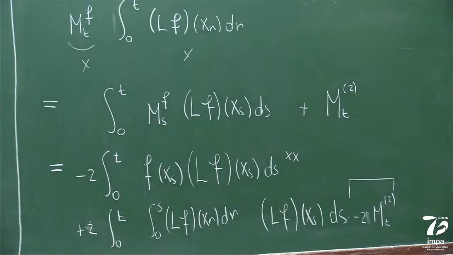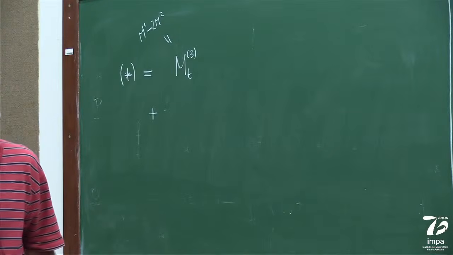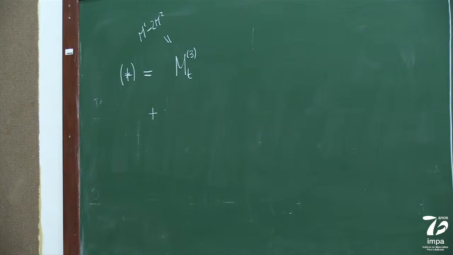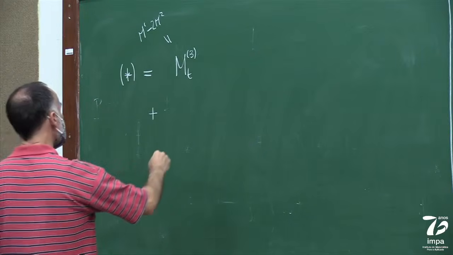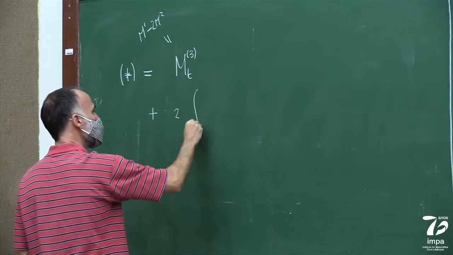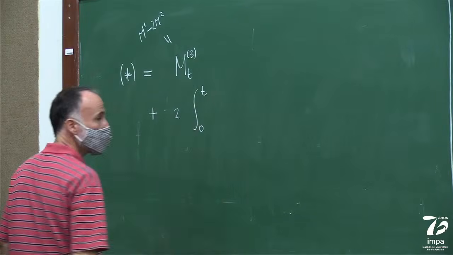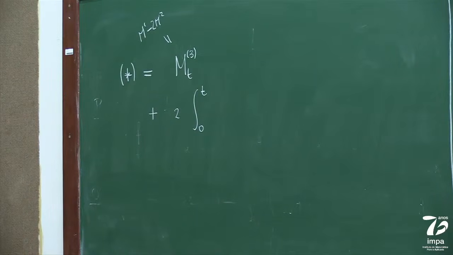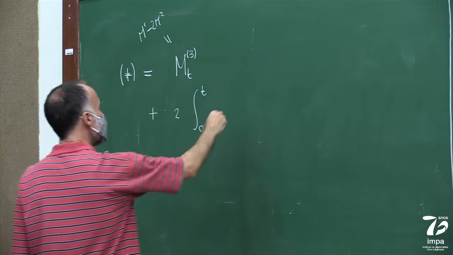So let's write: this is equal to a martingale plus 2 times the integral from 0 to t, the integral from 0 to s.